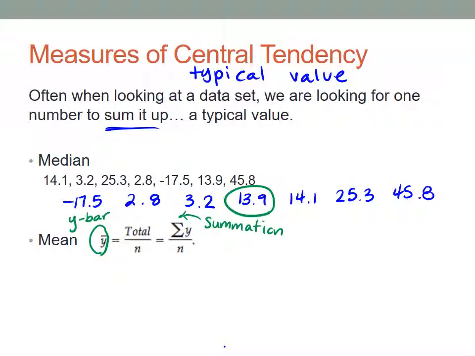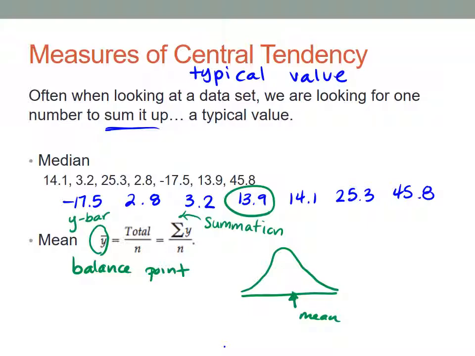So again, the mean isn't any different than what you've learned before, but the mean is kind of like the balance point. If you had a distribution and you cut it out of a piece of paper and you wanted to balance it on your finger, that's where the mean is.